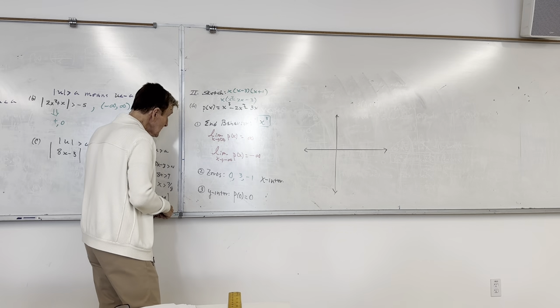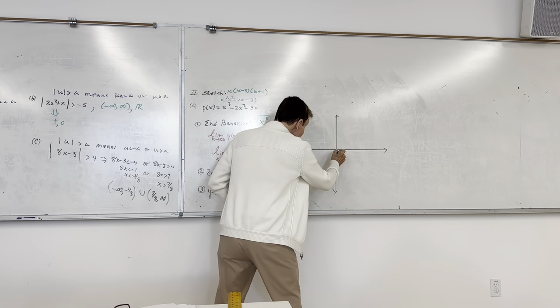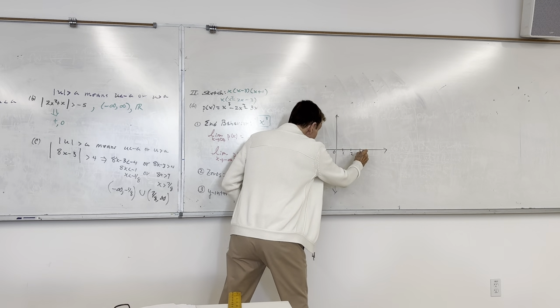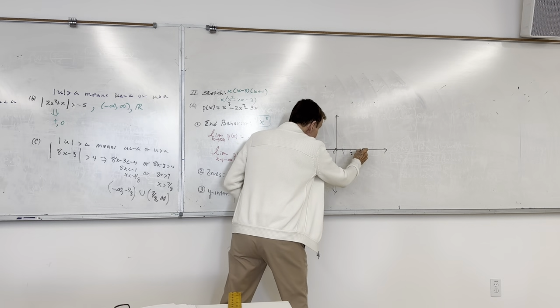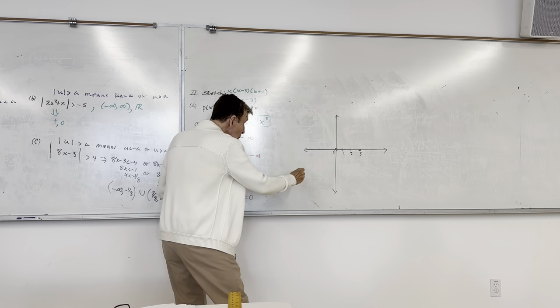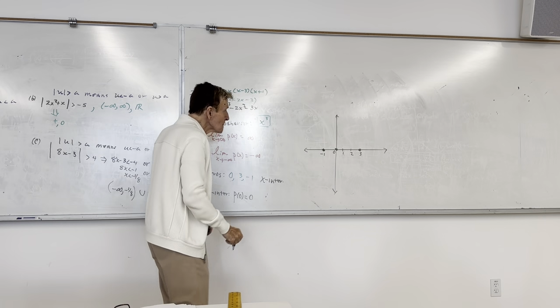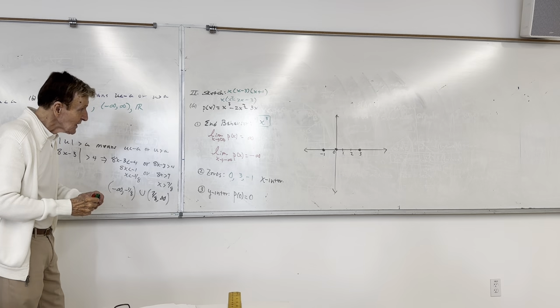I'm going to first plot my zeros, my x-intercepts. I have 0. I have 3. I have a 3 as an x-intercept, and also a -1 as an x-intercept. Also, the y-intercept in this case is 0, so I have it already done.